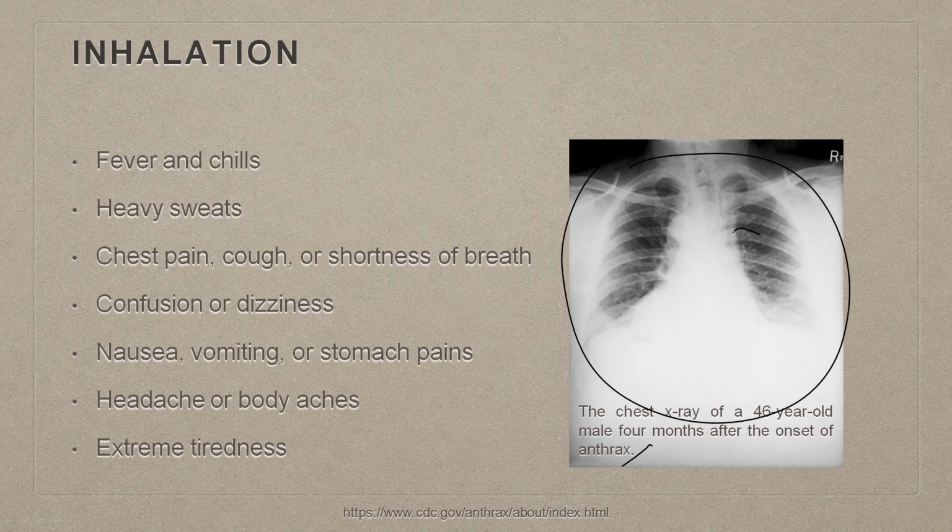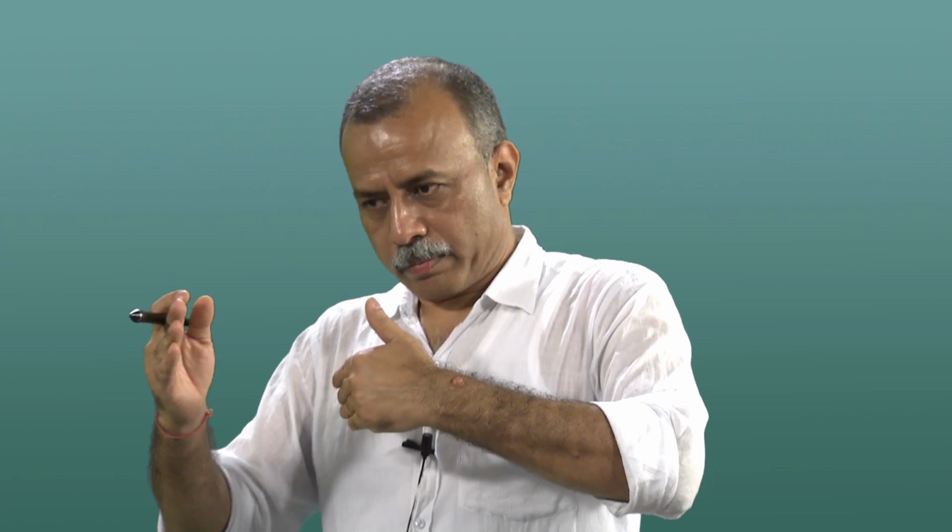These places are all infected with spores of anthrax, and it causes severe breathing problems. The blood exchange sites are being compromised in the alveoli, where the deoxygenated blood comes and gives out carbon dioxide and picks up the fresh oxygen which you are inhaling through your nose. Those sites of alveoli are all infected.